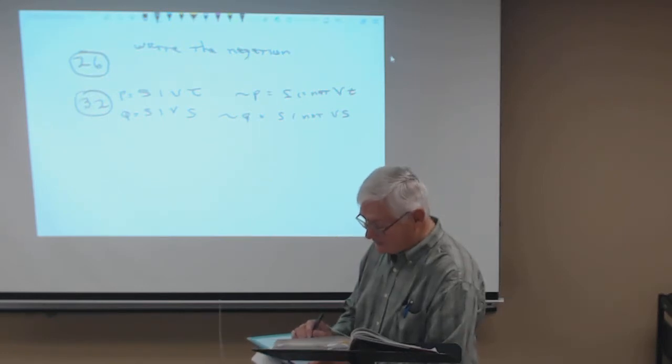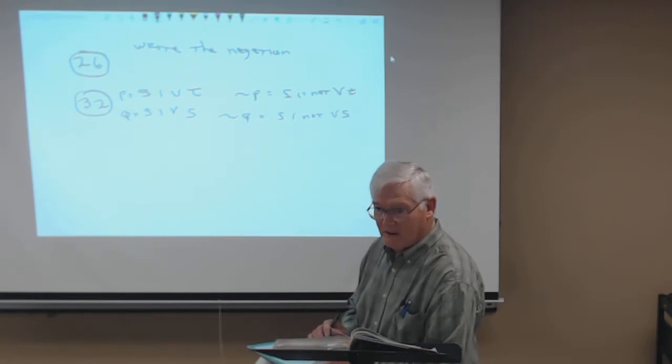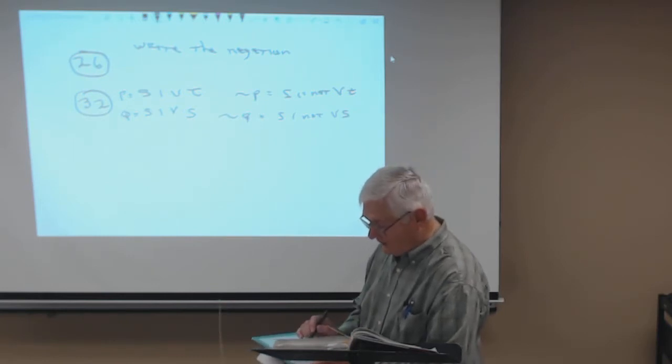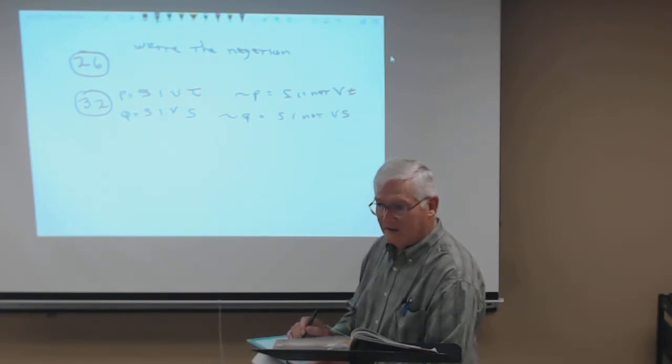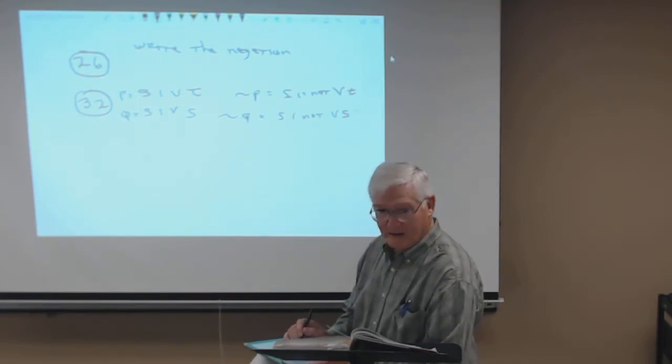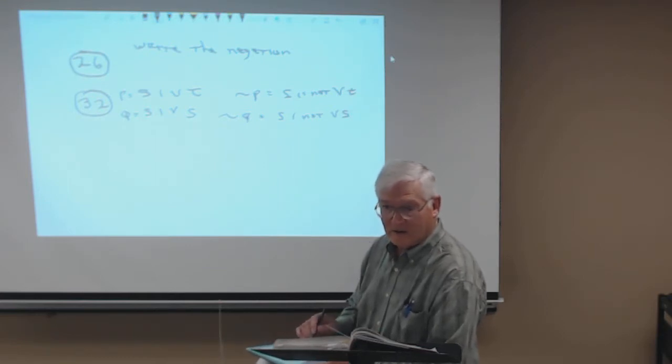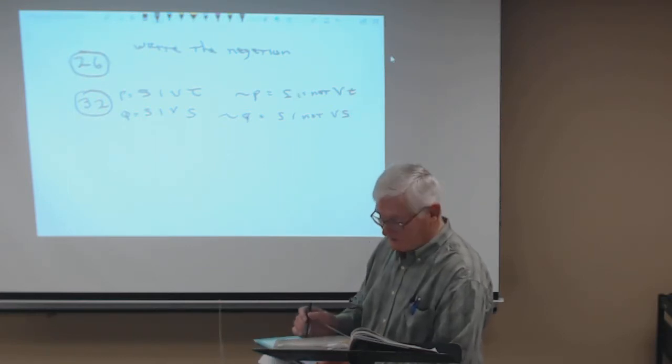The negation of Sally is very tall is Sally is not very tall. Sally is very tall. Sally is very short. Sally is medium height. You follow me? I have some other categories that I could come up with. So these two are not mutually exclusive.